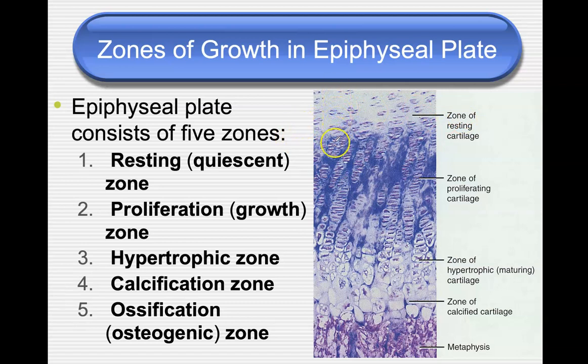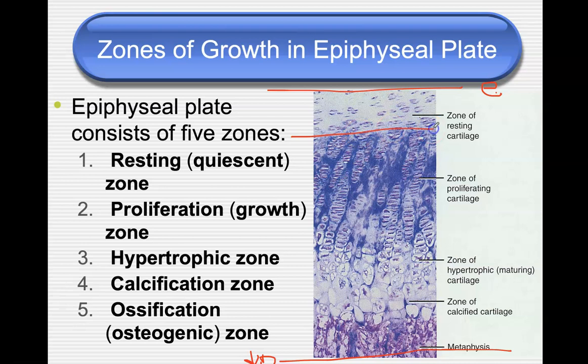So here, this zone is on the epiphysis side, so I'm going to put an E. And then here, I'm going to put a line. Down below here would be the diaphysis, okay? Just to give you an orientation of where you're at. And here's your epiphyseal plate. So if you look here, we'll break it up into these 5 different stages.